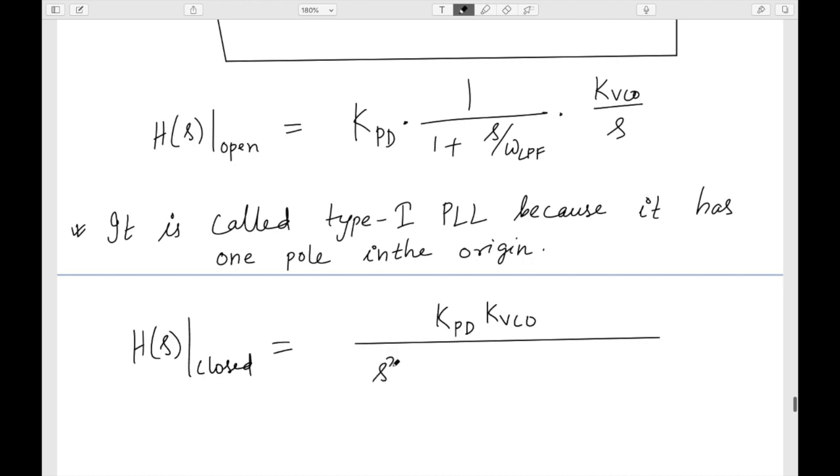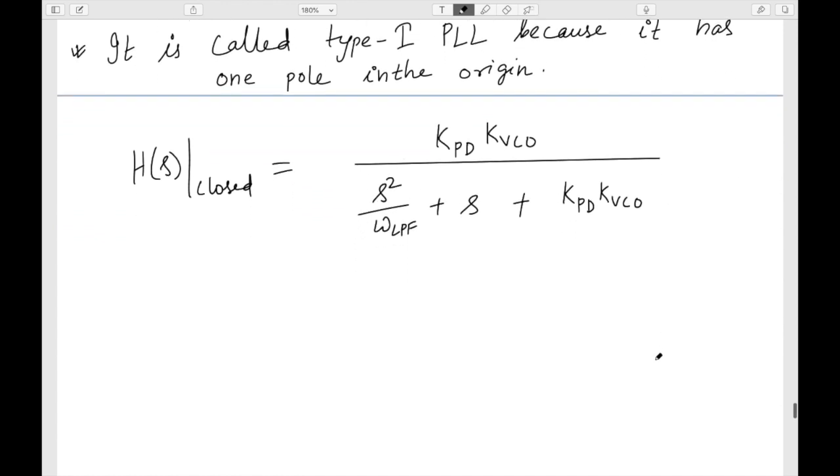So it will be S square over omega LPF plus S, plus 1, so it becomes KPD KVCO. This is my closed loop transfer function.